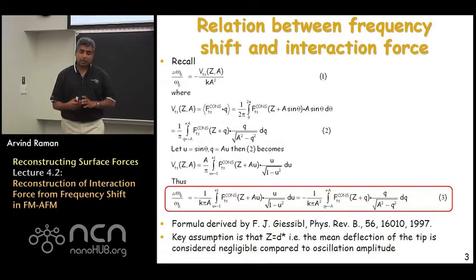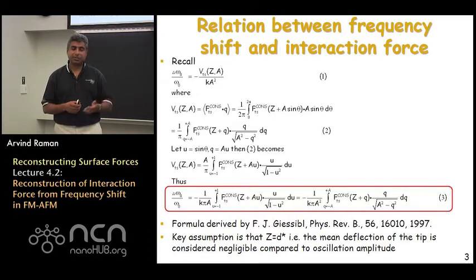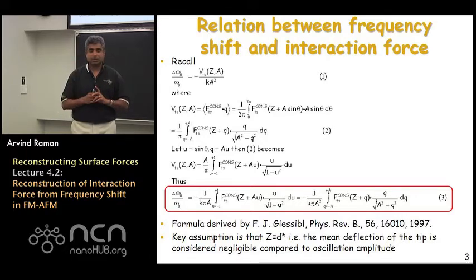Now, I would like to take you back to a few lectures ago in week 2, when we derived the fundamental basis of dynamic AFM in terms of the virial and dissipation, and how the virial and dissipation are related to frequency shifts and the excitation force. When we derived all these things, I want to remind you that we had made an assumption that the motion of the tip was given simply by Z plus sinusoidal oscillation A sine theta about that Z position.